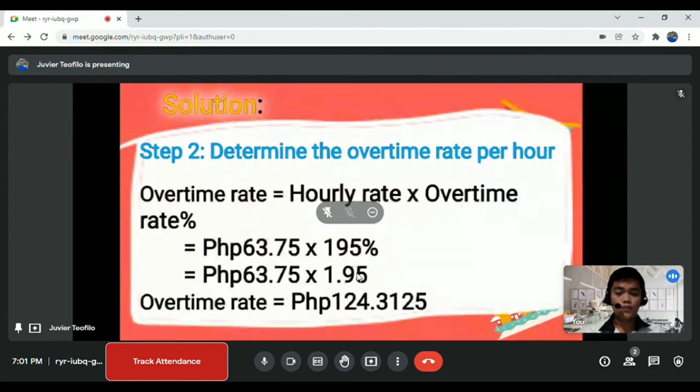Okay? So 1.95, just divide the 195% by 100. Okay? Just divide it. So you're going to have 1.95. Now, please also take note of this overtime rate because we're going to use this in our final answer.